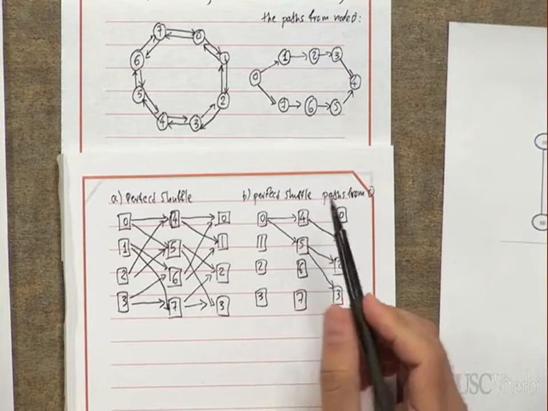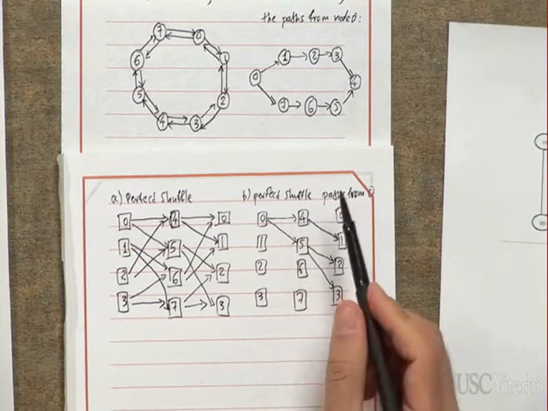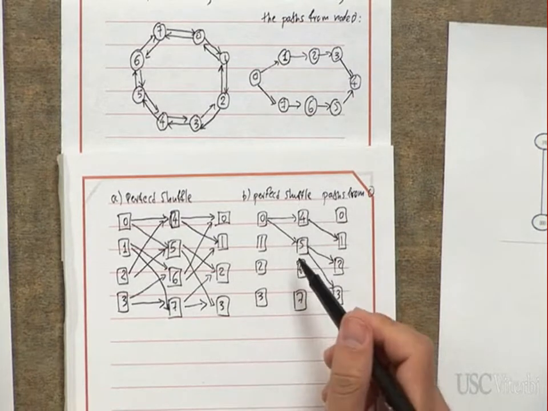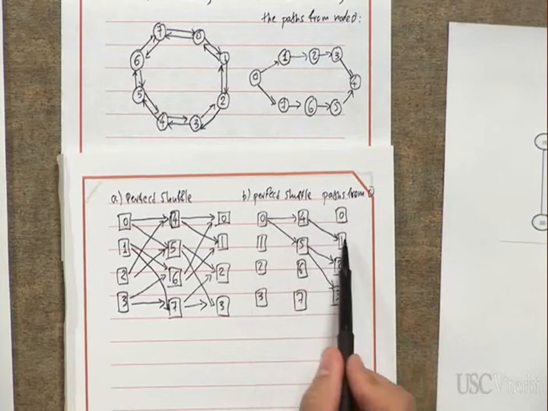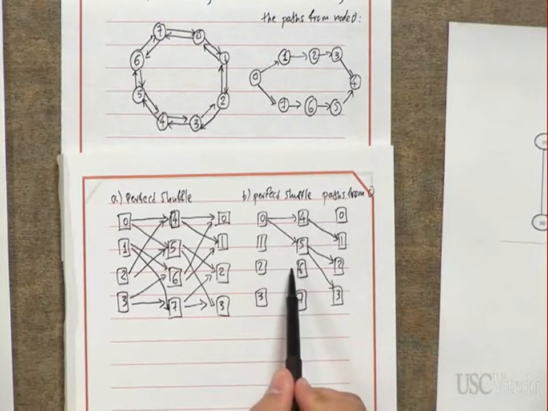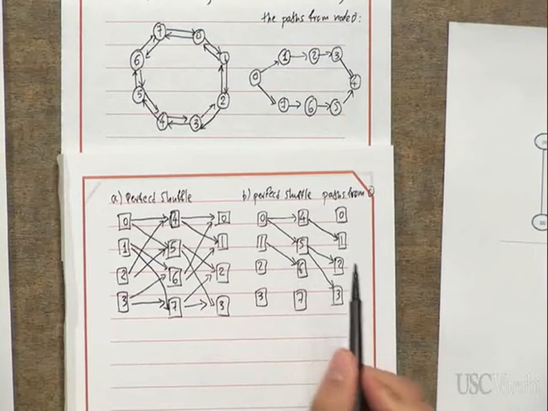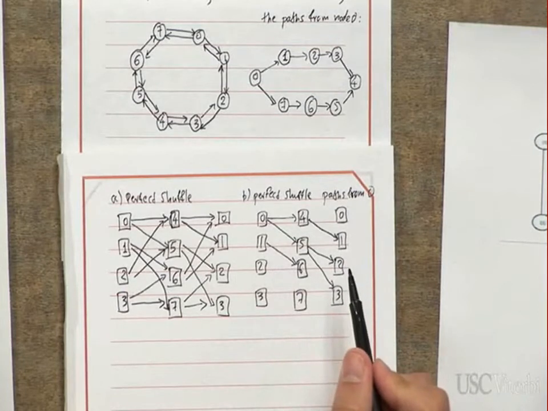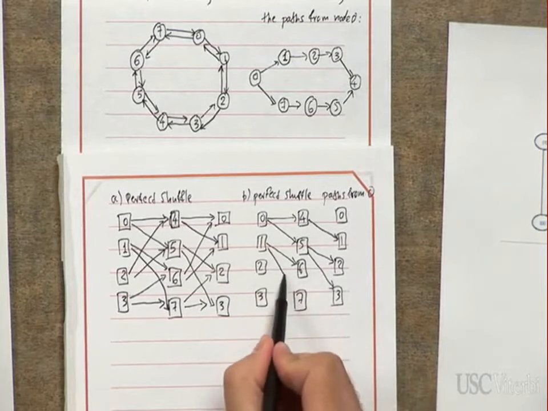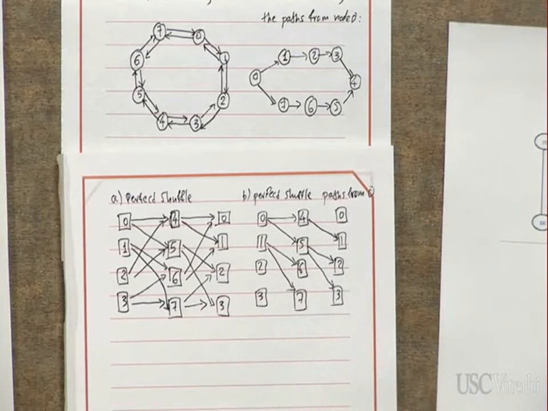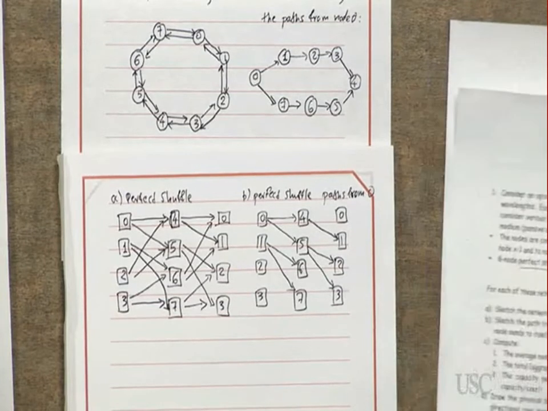Then 4, we have a direct link. 5, we have a direct link. 6, we go to 1 and then from 1 to 6. Okay? And that counts as 3 hops actually. We go to 7 similarly. Okay? So we have all the paths and now we should just do the calculations to see which one is more efficient, achieves higher throughput.